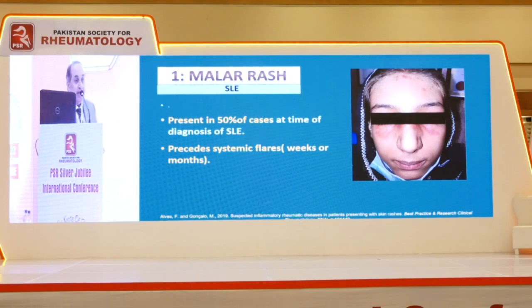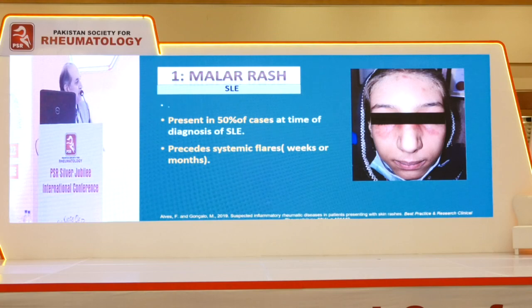Then another significance of this malar rash, it precedes systemic flares by weeks or months. So if patient is on treatment, and the malar rash has shown initial improvement, and then there is worsening of this malar rash, this may indicate that soon the patient will develop systemic manifestations also.